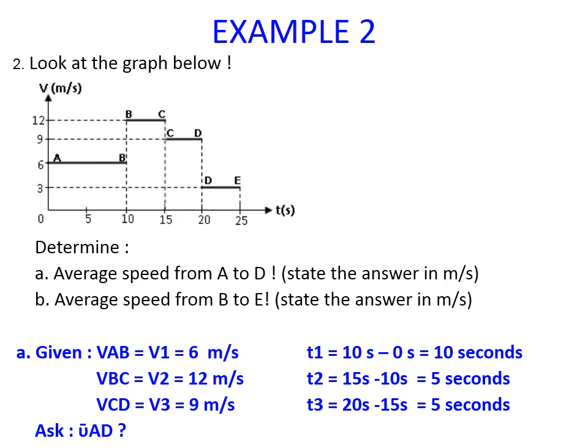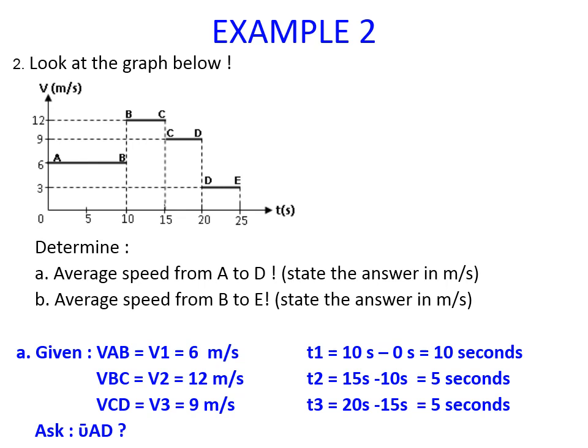VBC equals V2 equals 12 meters per second, T2 equals 15 seconds minus 10 seconds equals 5 seconds. VCD equals V3 equals 9 meters per second, T3 equals 20 seconds minus 15 seconds equals 5 seconds.